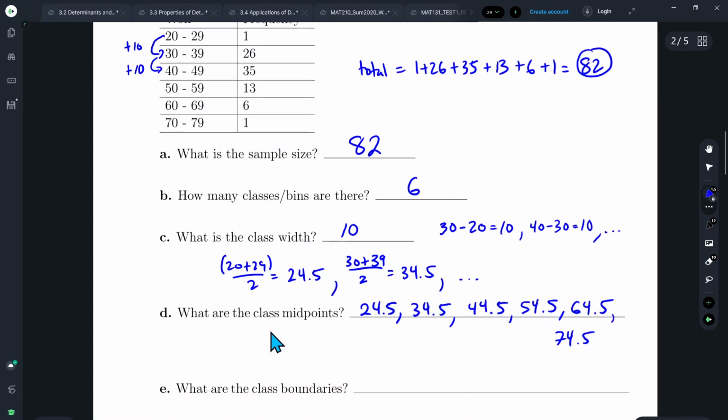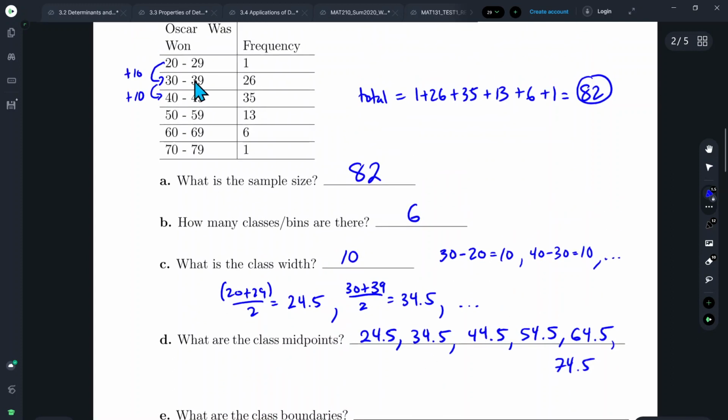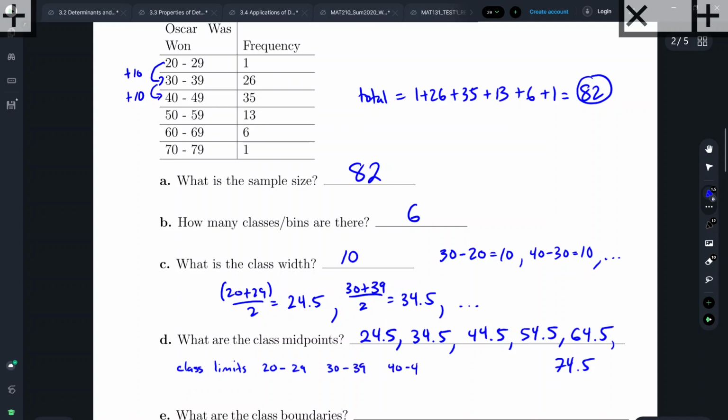Okay, so then finally, what about the class boundaries? So you have to be careful here, right? So let's take a look at the class limits, right? So the class limits go from 20 to 29, then 30 to 39, then 40 to 49, then 50 to 59, and so on, right?